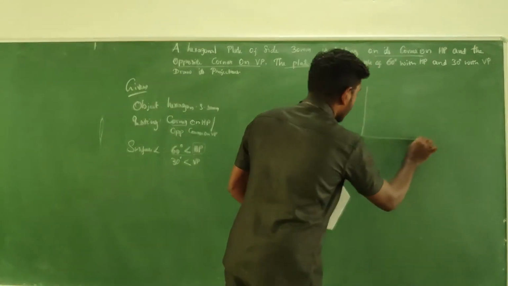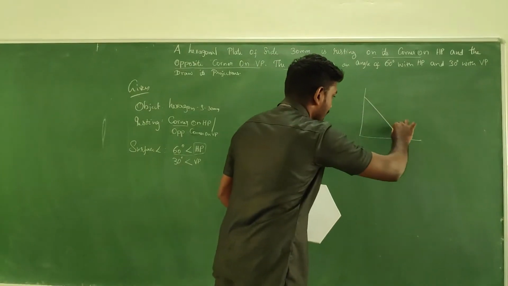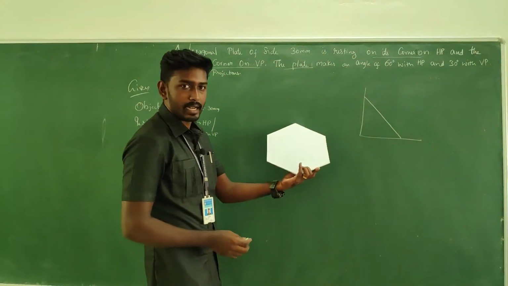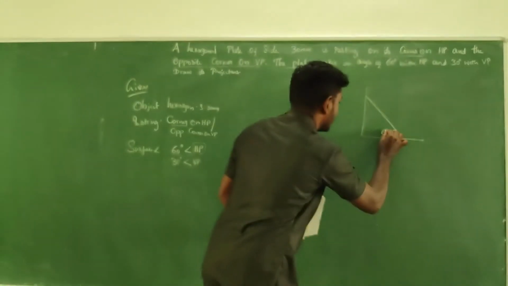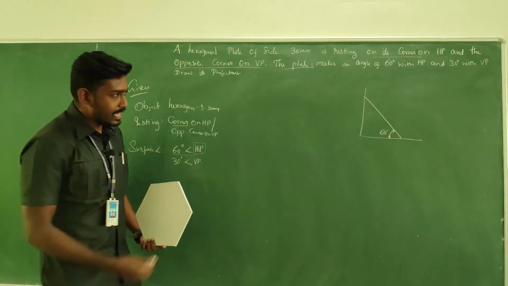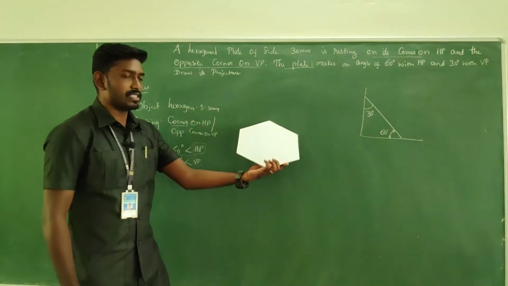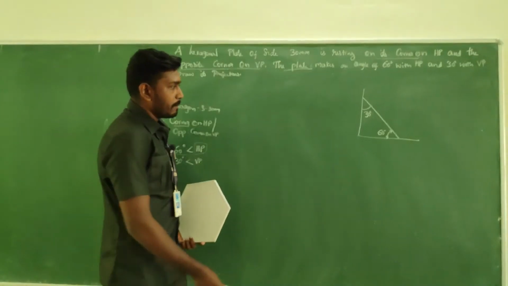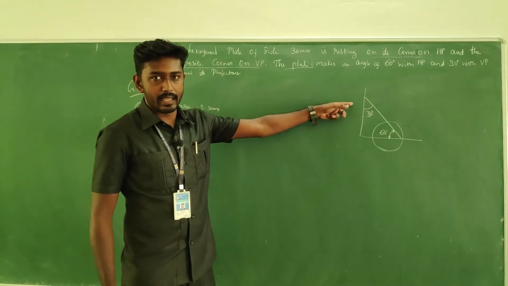So our plane is something like this. If you take the surface inclination with respect to HP as 60 degree, naturally it forms 30 degree with VP when you are keeping it like this. So in the natural manner, we will get the 30 degree.